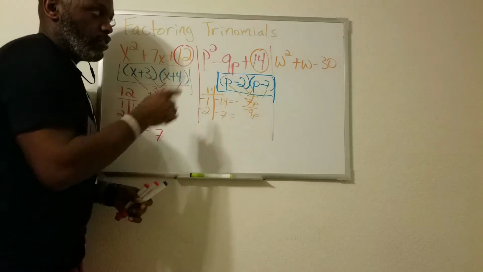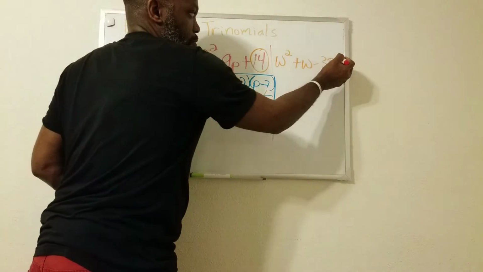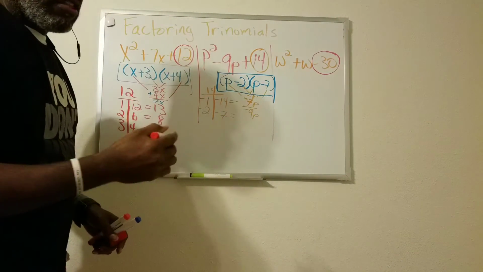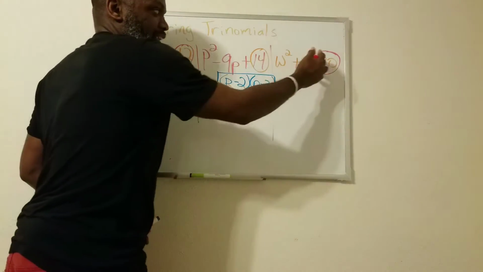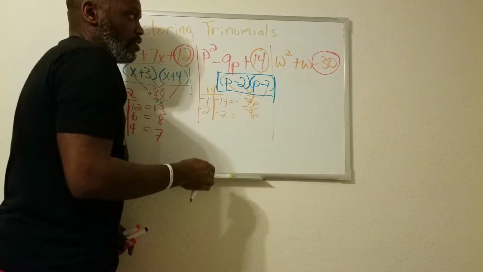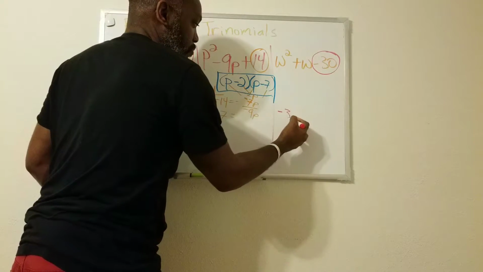And then moving to the last problem, the same process. Remember, we're talking about the process. We're not focusing on the letters or the numbers. We're focusing on what is going on. There is a trinomial, and we need to break it down or factor it. Okay, so we're looking at negative 30.